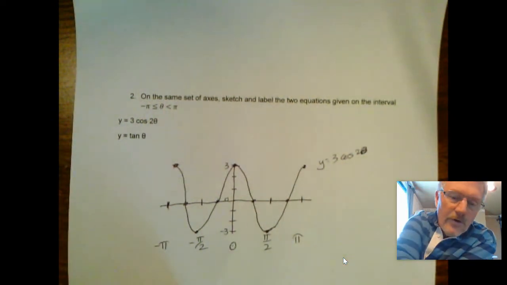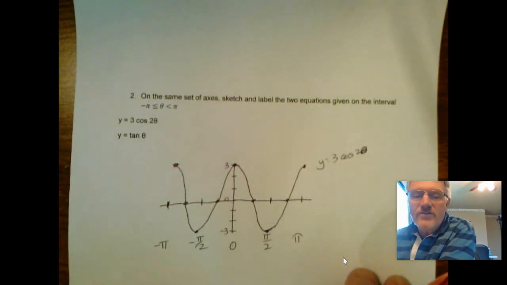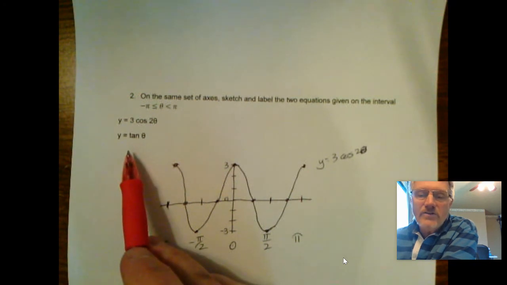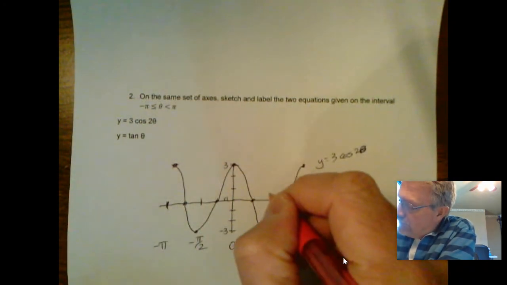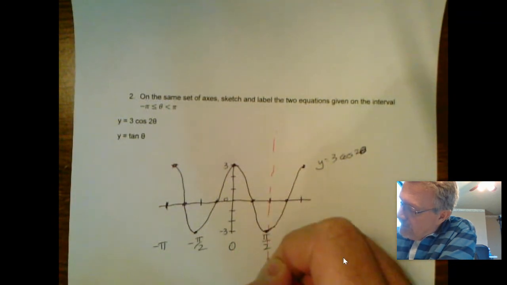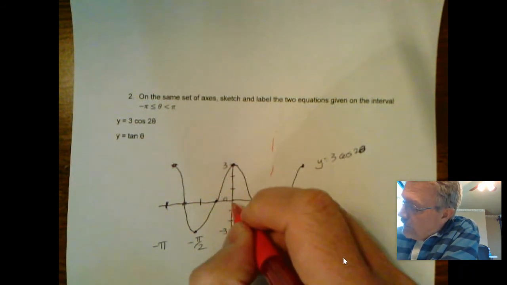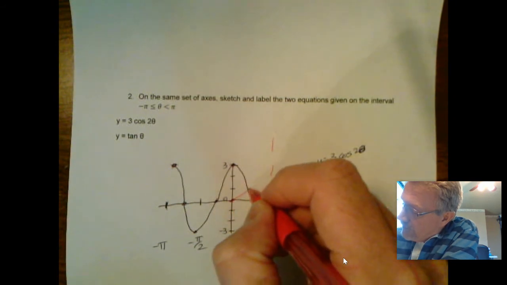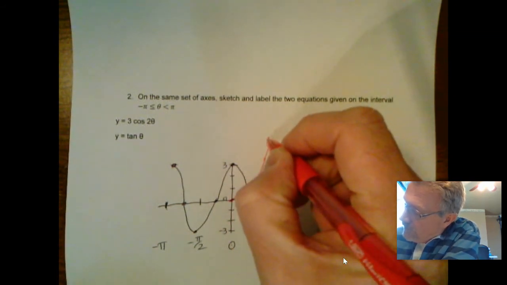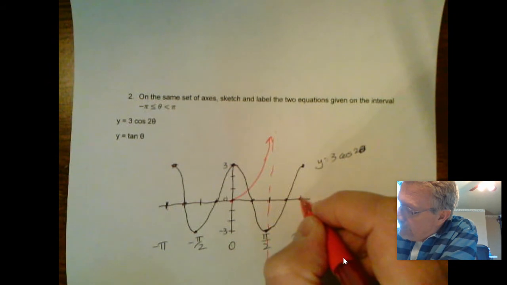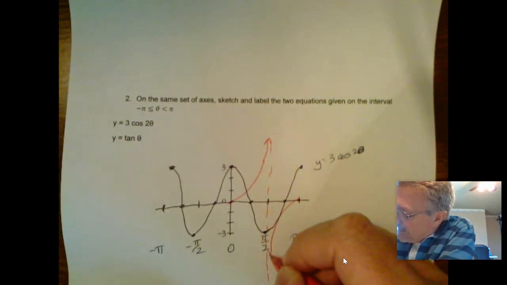I'm going to do the other one in a different color just so it's easier for you guys to see. So now it's just the regular tangent graph is what they want us to draw. So at pi over 2, tangent was asymptotic. Tangent is undefined. So it's positive from 0 to pi over 2, in the first quadrant, it looks like that. In the second quadrant, it's asymptotic on the other side.